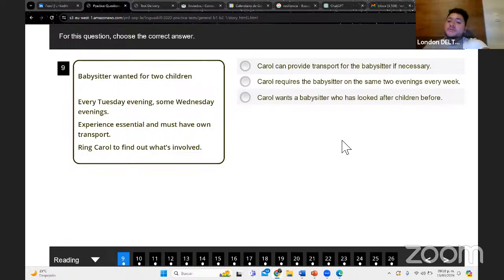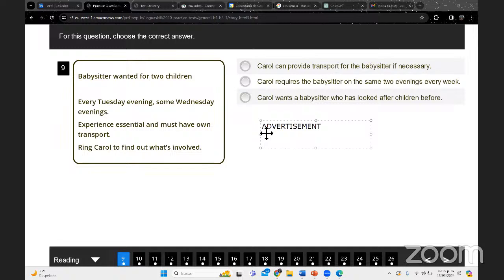Okay, very well. So first, try to understand what kind of text this is. What is the purpose of this announcement or advertisement, I would say, advertisement? What is the purpose of this advertisement? Somebody's looking for a babysitter for two children.